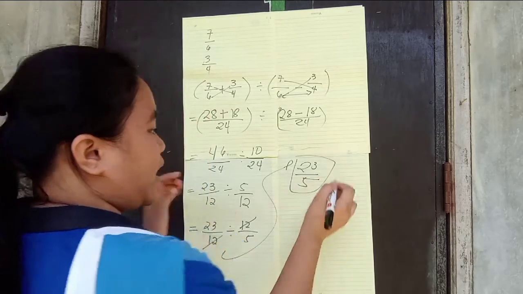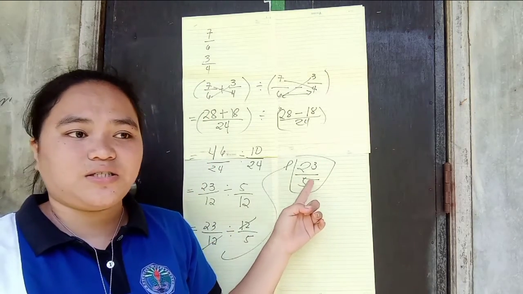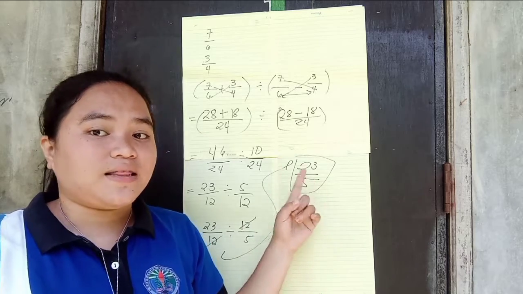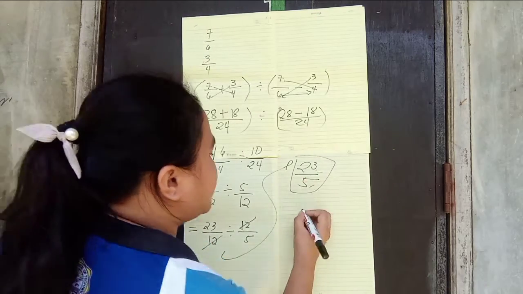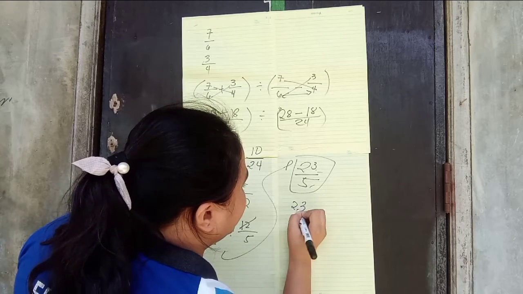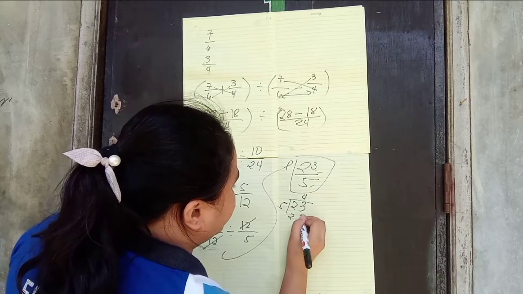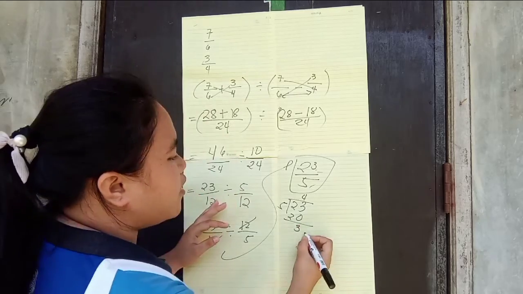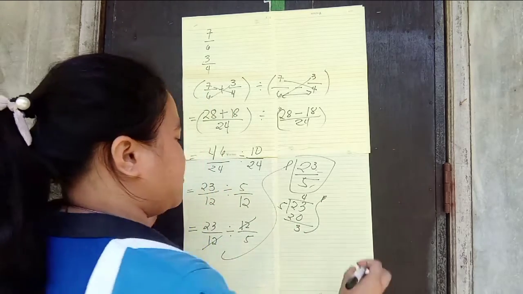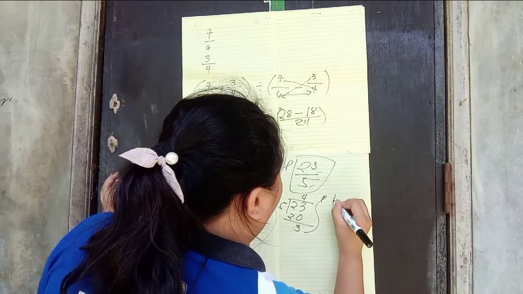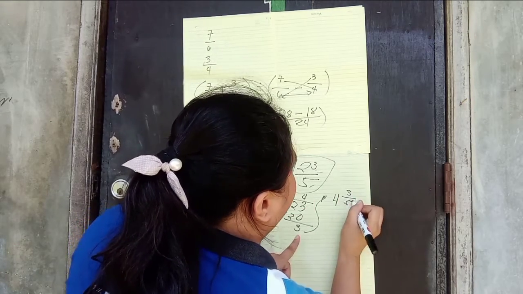Yan na po yung unang answer natin. 23 over 5. Now, ang given answer is meron po tayong 4 and 3/5. Ang gagawin lang po natin dito is ipag-divide natin siya. So, 23 divided by 5 equals 4 and 20 and 3. So, i-construct lang po natin siya into simplest form. So, 4 and 3 over 5.